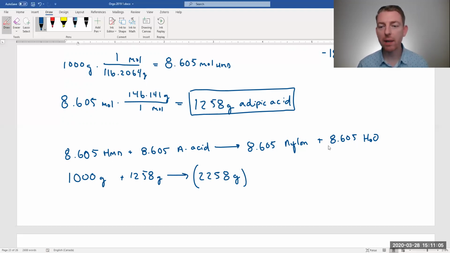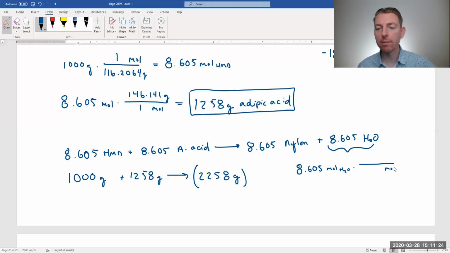So how much of that is going to be water? Well, we already know the molecular weight of water, or at least it's a lot easier to figure out since we just have to add an oxygen and 2 hydrogens. So let's say 8.605 moles of water times, and we want to get rid of mole, 18.015 grams.